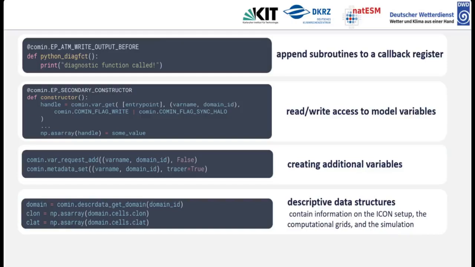These can be accessed in the plugins at the very earliest stage, because this information is constant for a specific simulation setup. For example, here in this case, we access the CLON and CLAT from this descriptive data structure that describes the computational domain.